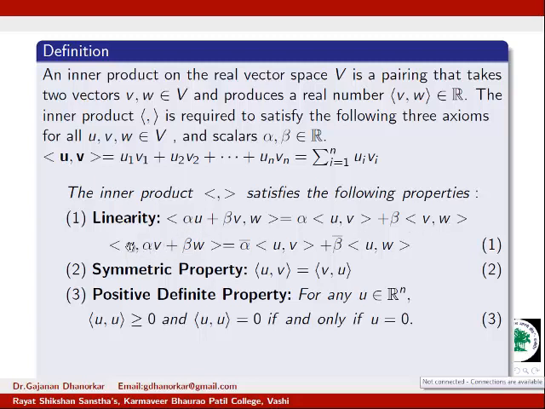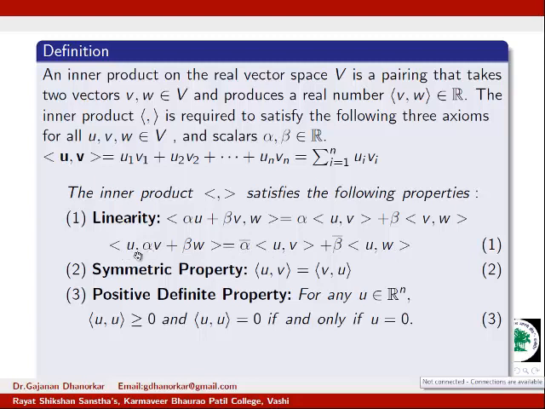Or we can write in this way also: the inner product of u and alpha v plus beta w, we can write as alpha bar into inner product of u, v plus beta bar into inner product of u, w. Now why is this alpha bar?